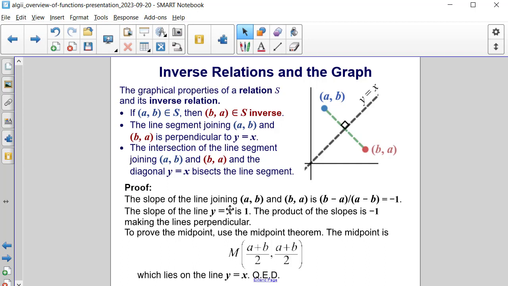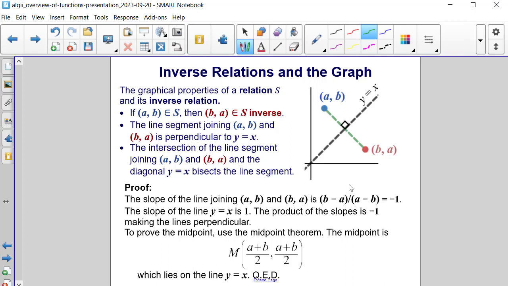So the slope of the line joining AB and BA would be B minus A over A minus B. Now, how does that fully equal -1? Some of you may be asking. So let's rewrite B minus A over A minus B in the same form. We'll keep it as B minus A, so I'm going to leave the numerator alone.